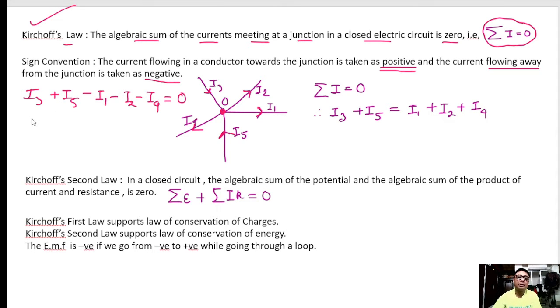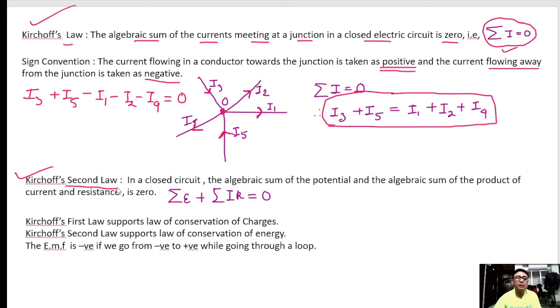It says that the sum of the currents at any junction should be 0. Currents coming in are positive, currents going out are negative. So from here, this is my relation from Kirchhoff's first law. Clear?